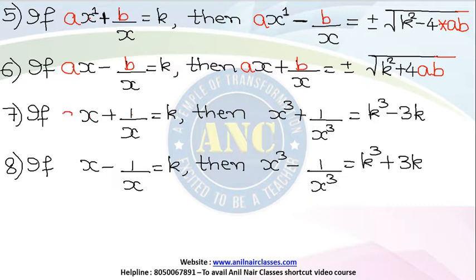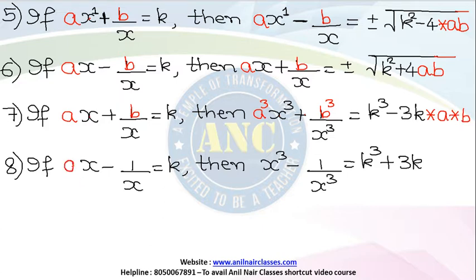Then it becomes ax plus b by x is equal to k. Instead of 1 into x cube, it becomes a cube into x cube. Instead of 1 into 1 by x cube, it becomes b cube into 1 by x cube. Instead of k cube minus 3k, for this 3k, multiply with coefficient of x, that is a, multiply with coefficient of 1 by x, that is b.